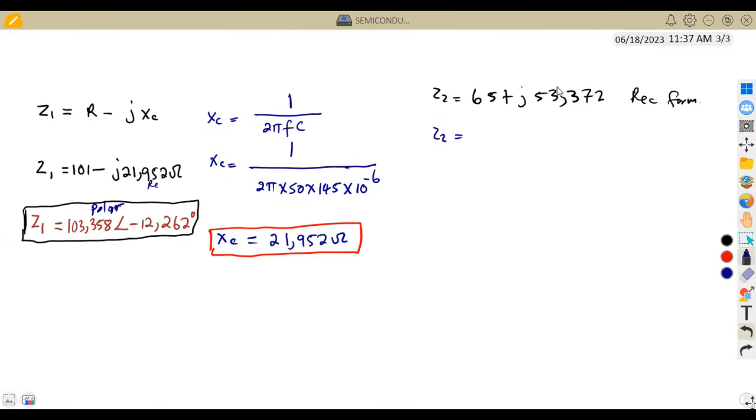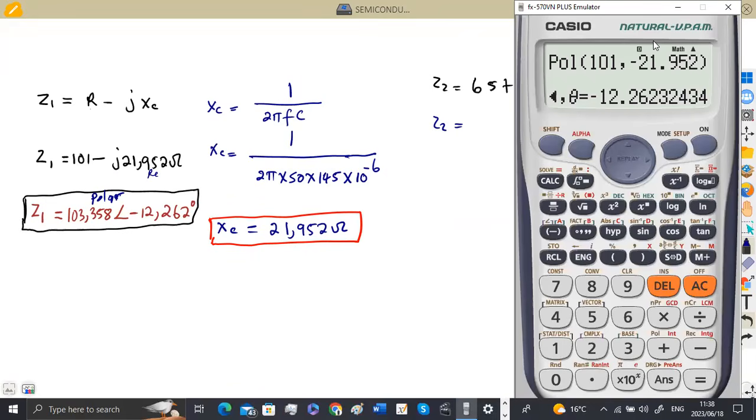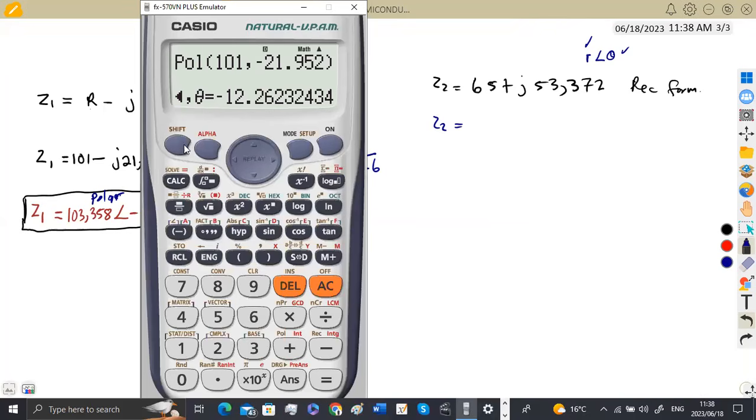Remember what I said, in polar form, our Z is given as R theta, where we've got the resultant and the argument. So on your calculator, we can convert this to polar form directly.